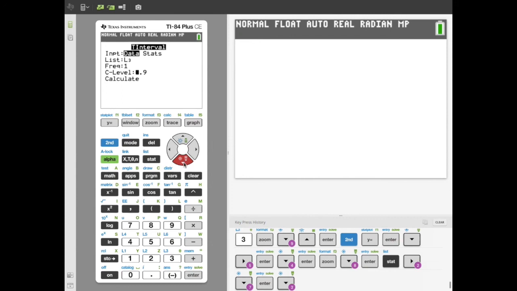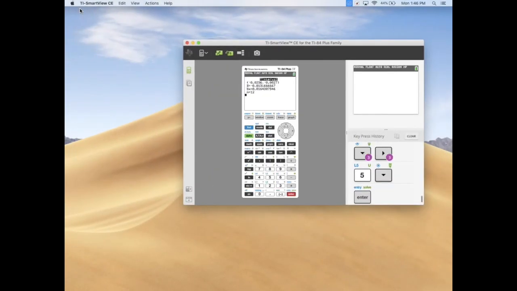Okay, so L3 is already in. I'm going to change my confidence level to 0.95 because that's what the question's asking for, and I'm going to calculate it. And I'm going to rewrite this into my presentation, and there's my interval. Nice and quick and easy, okay?